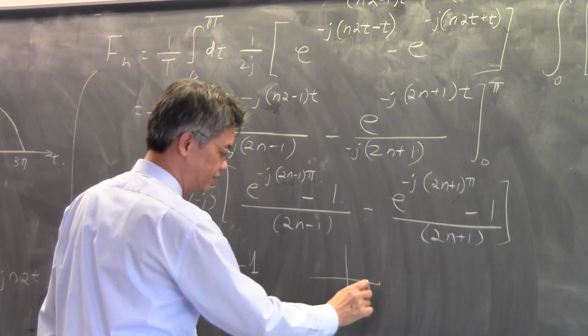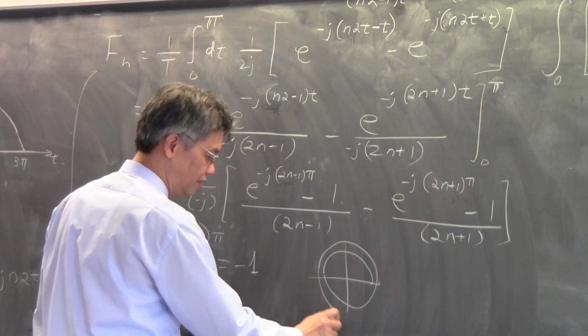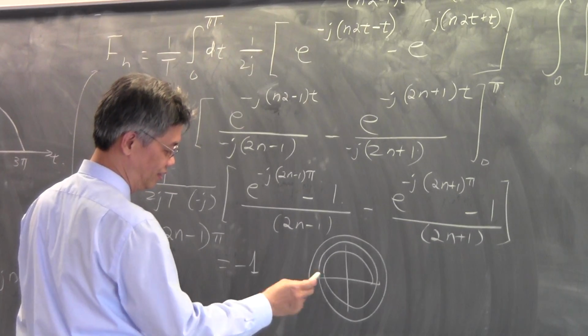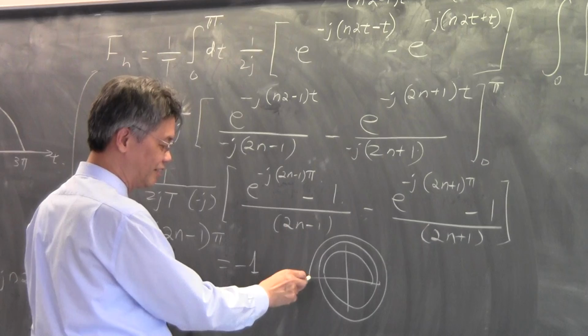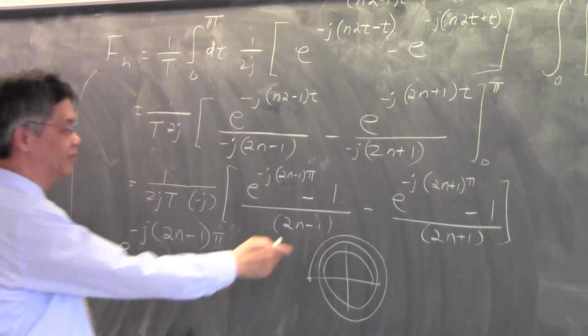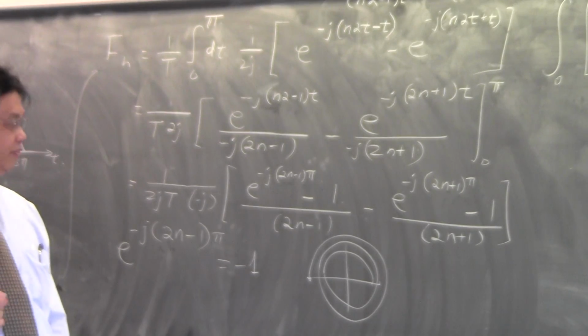If you go around in a circle, you go 1 pi, 3 pi, 5 pi, 7 pi, odd numbers, and so on. You always end up with this point, always negative 1. So that always gives you negative 1. And then the second one, 2n plus 1, is always an odd number. It also always gives you negative 1.